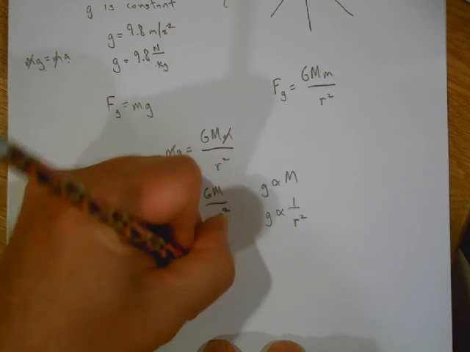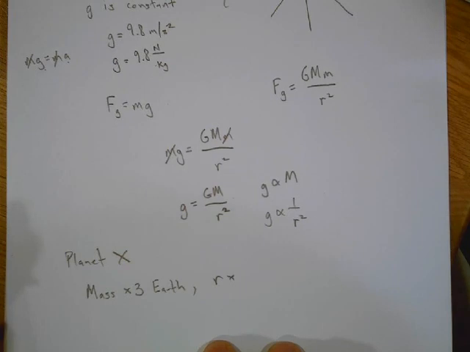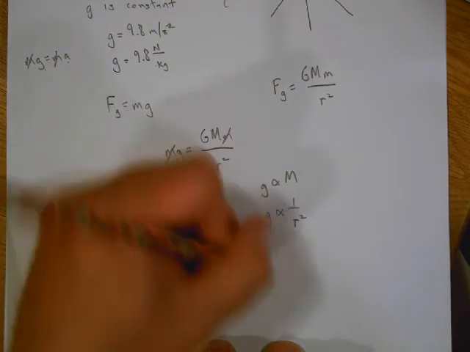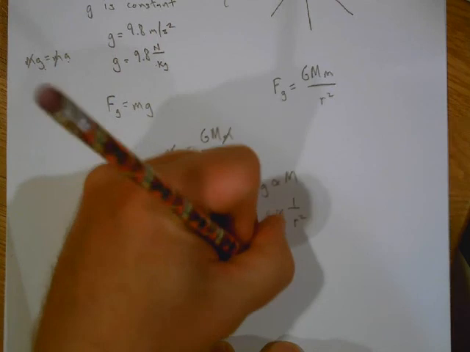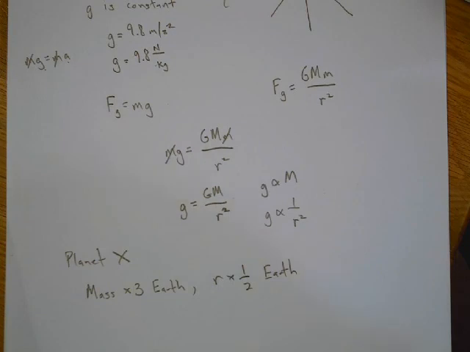Planet X has a radius that is, we'll make it a really dense planet, 1/2 of the Earth's radius. The question is, what would the gravitational field strength on planet X be? Or if you were to travel to planet X, how much more or less would you weigh?